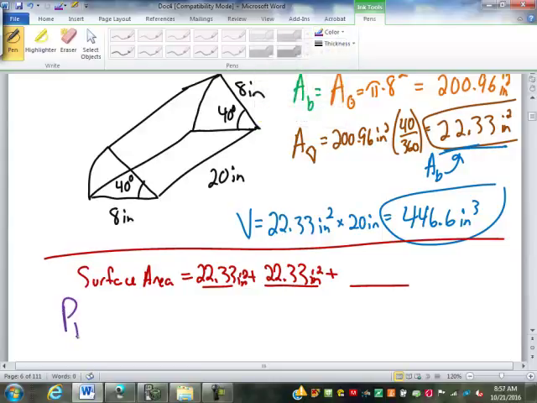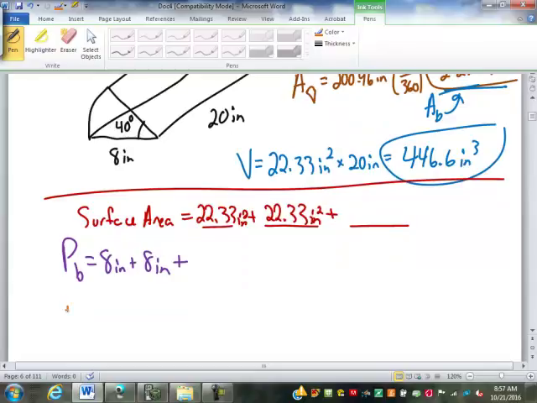Well, I first need to know the perimeter of my base, which will be 8 plus 8 plus the circumference of the circle is pi times 16, or 50.24 inches.